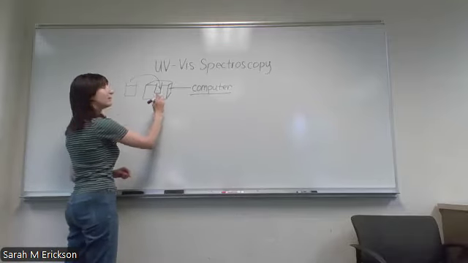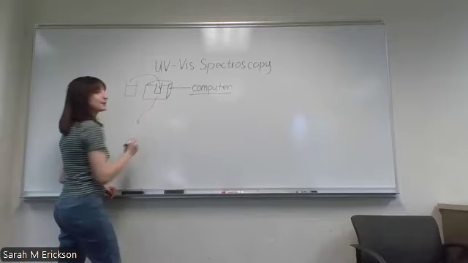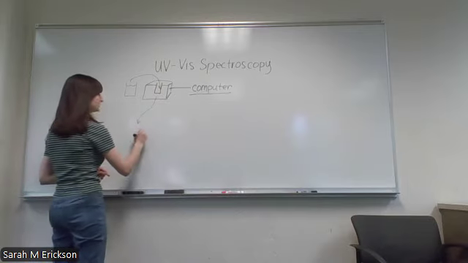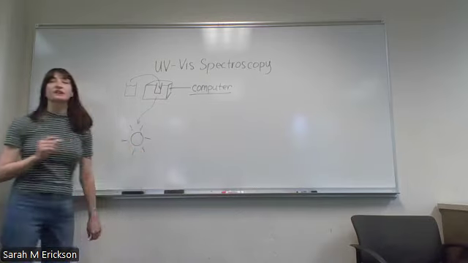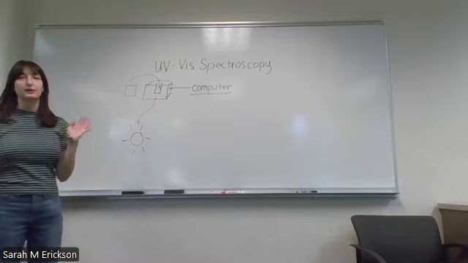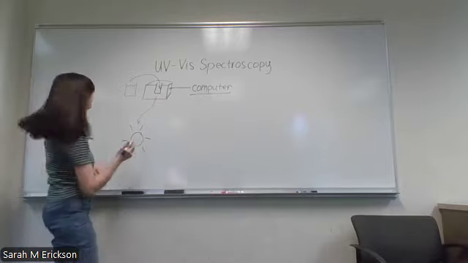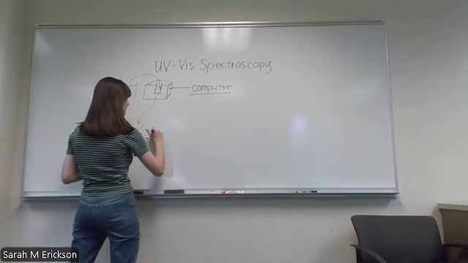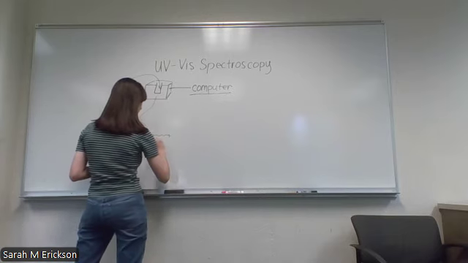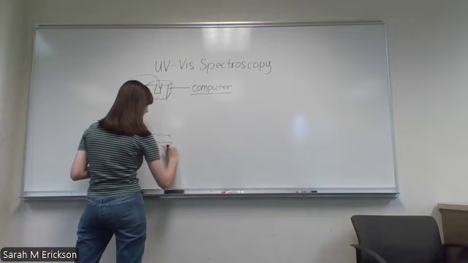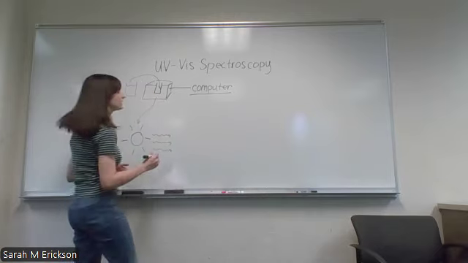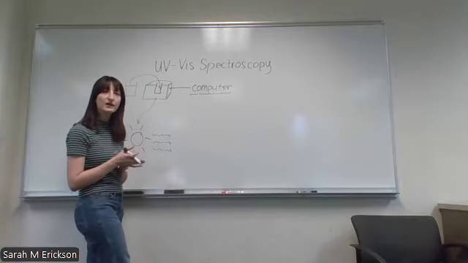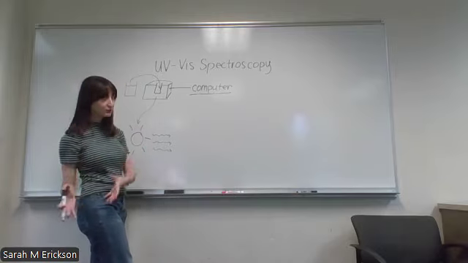So inside of this box, what's going to be happening is first, we have some light source, and it's going to spit out a bunch of different wavelengths of light. So I've drawn a sun. It's really going to be a light bulb, but I can't draw those. So your light source is going to spit out a bunch of different wavelengths of light. Okay, so pretend these are all different wavelengths of light, or different colors. When I say wavelength, you can understand that as color, right? A different wavelength is going to be a different color.